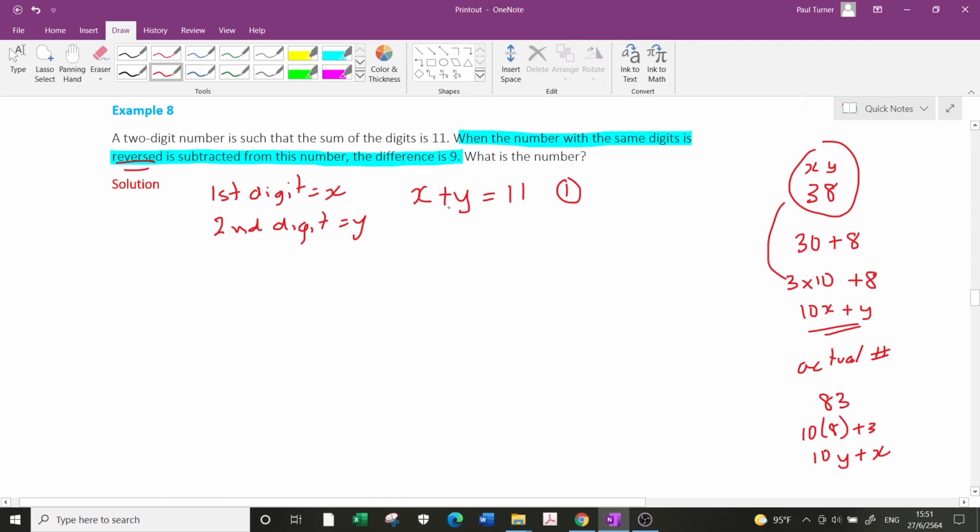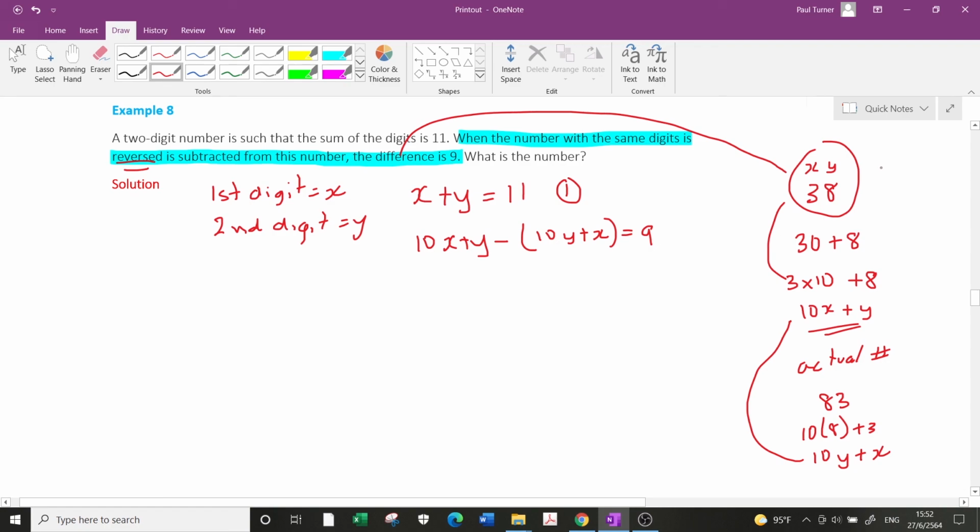So our second equation is when we subtract this number from this one, the answer will be 9. So we'll have 10x plus y, subtract 10y plus x, we'll get 9. So this is a tricky bit for the second part of the sentence here. This is your example here. That's not the answer. I'm just showing you how it's working. So this is equation 2.